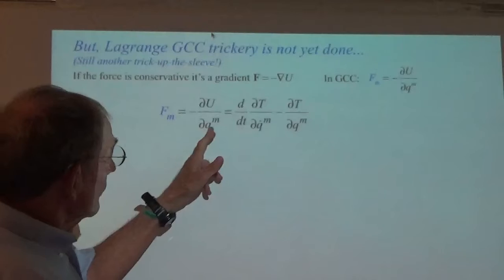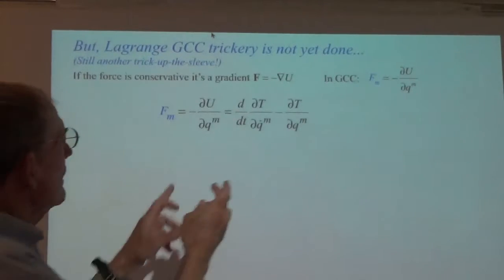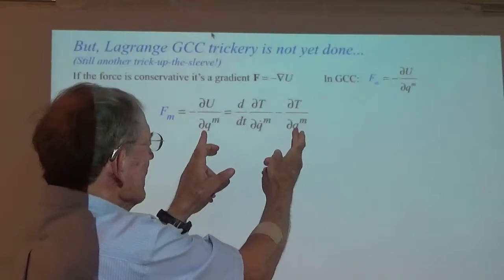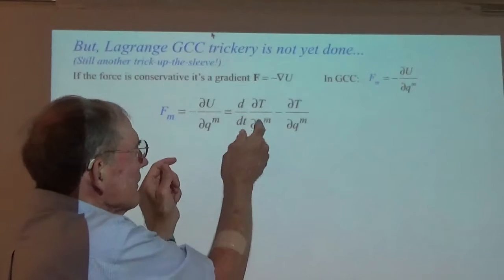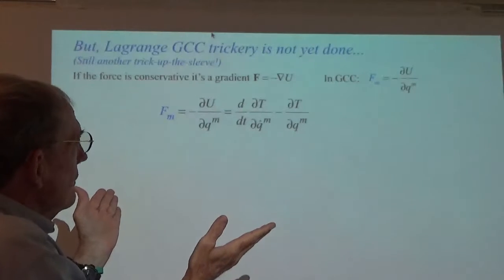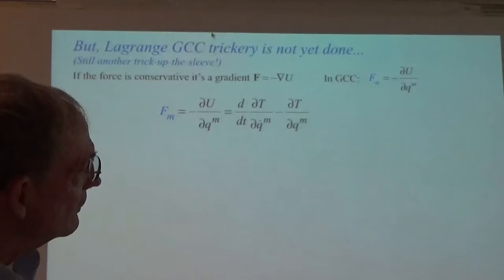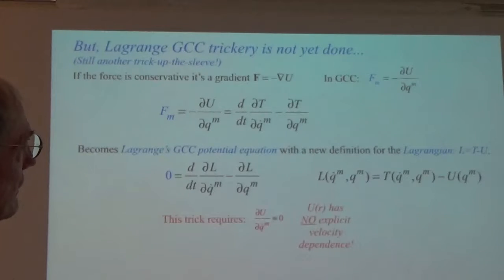So I write this. And then I say, I already got one of these. If I could just get one of these, or have it be 0, I'd be in business. That's the key thing going on here.